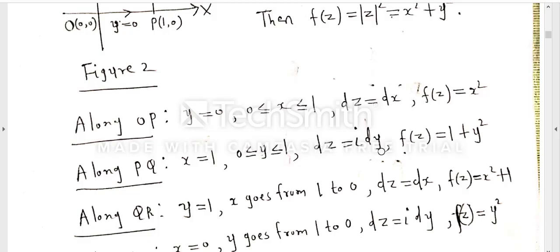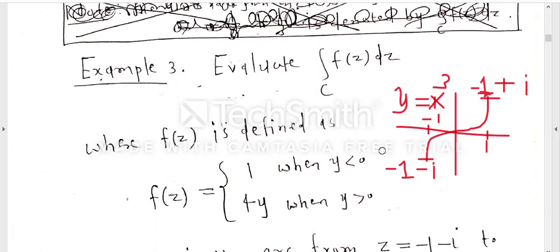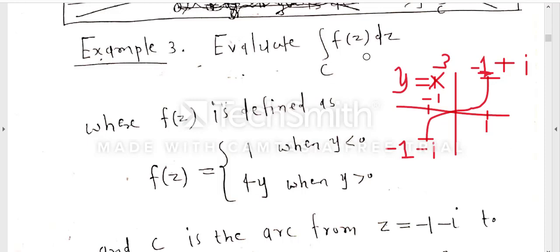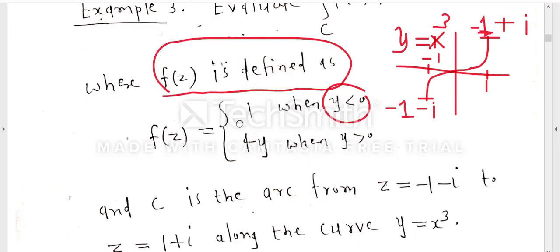Okay, so we had discussed this example in the last lecture. Today we consider one more example. Suppose our function is defined in this way. f of z is 1 when y is negative. Y is negative means your complex number is below the x-axis. This is the x-axis.